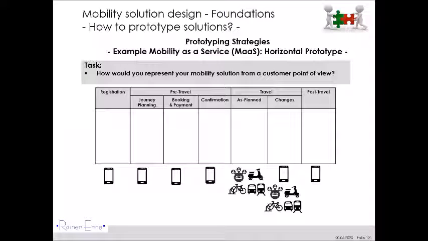Then we have the travel phase, if everything goes as planned, and what does the system do if there are changes like delays. And then we might also have a post-travel phase where, for example, the customer can provide feedback.